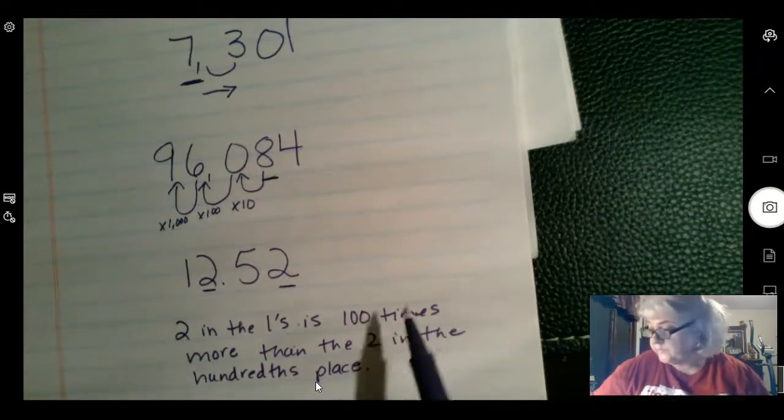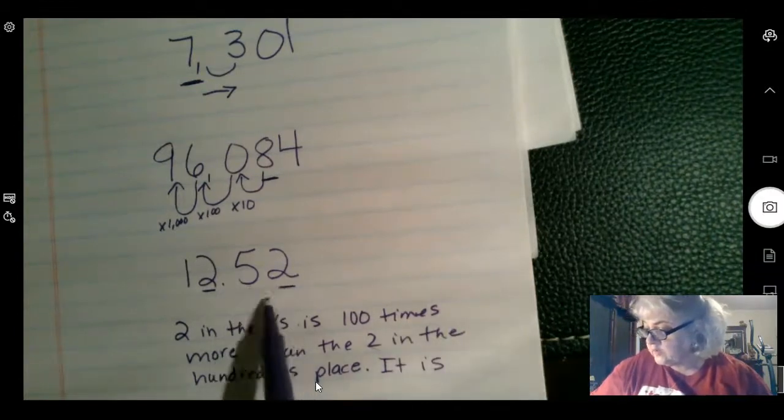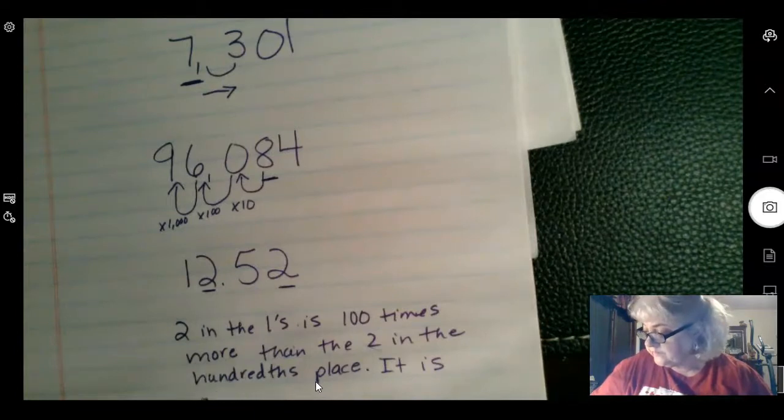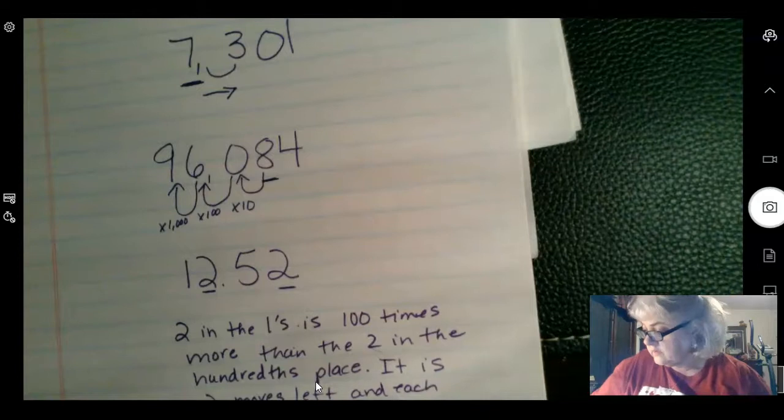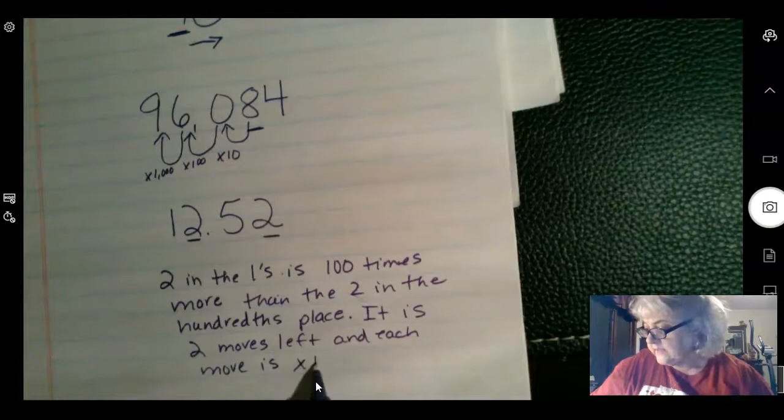How do we know? It is 1, 2, 2 moves left, and each move is times 10.